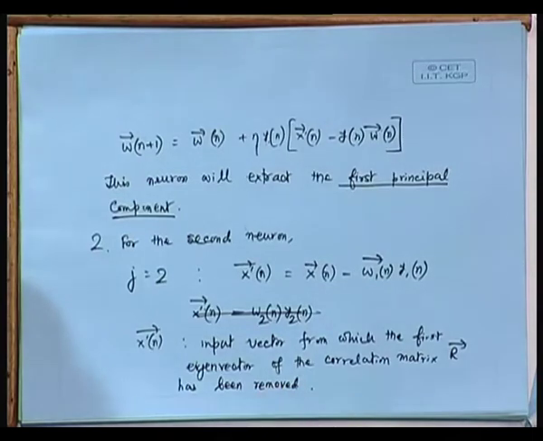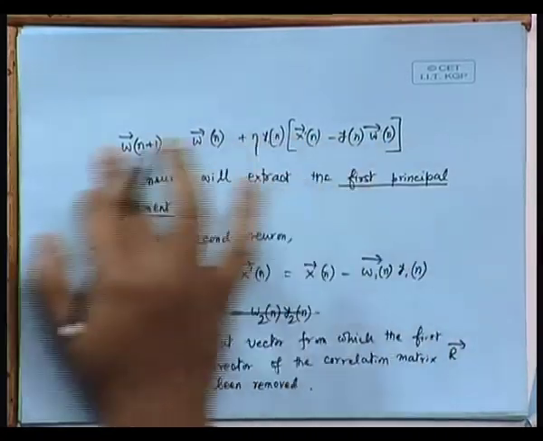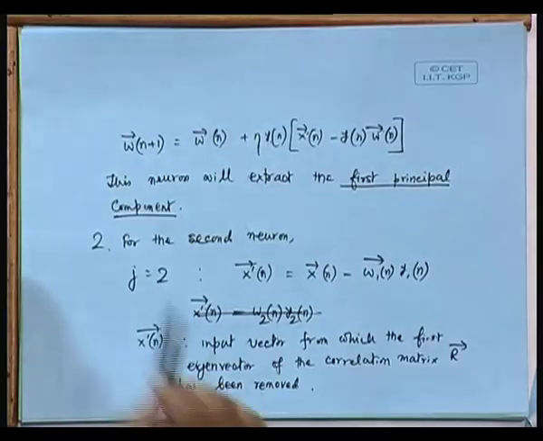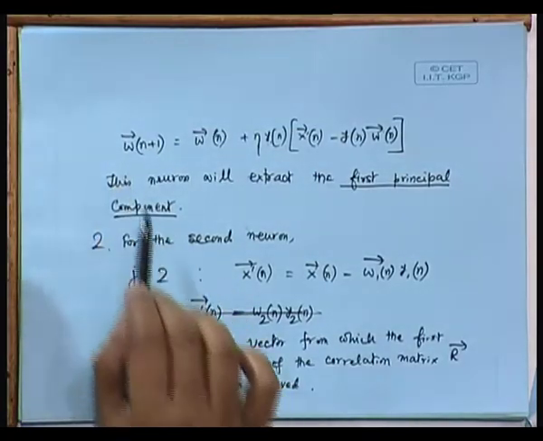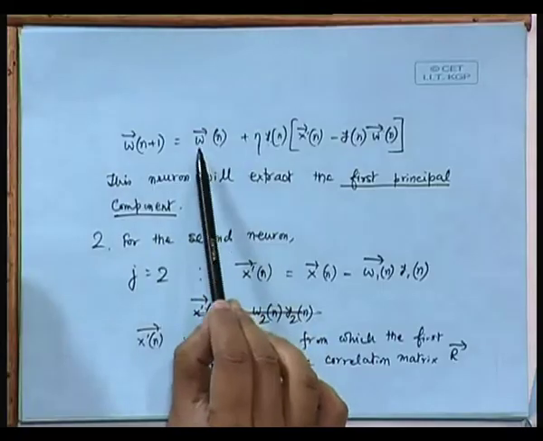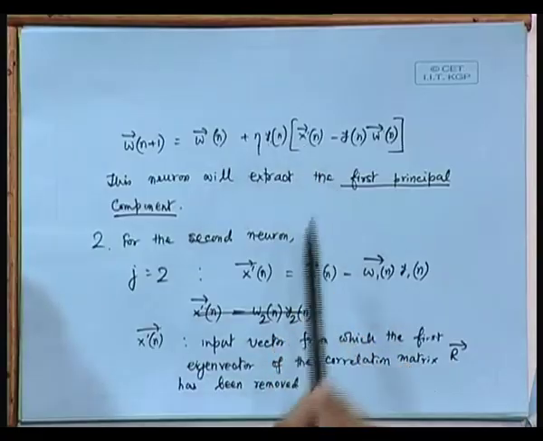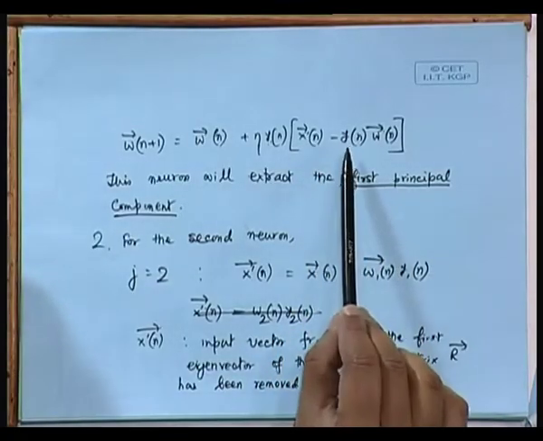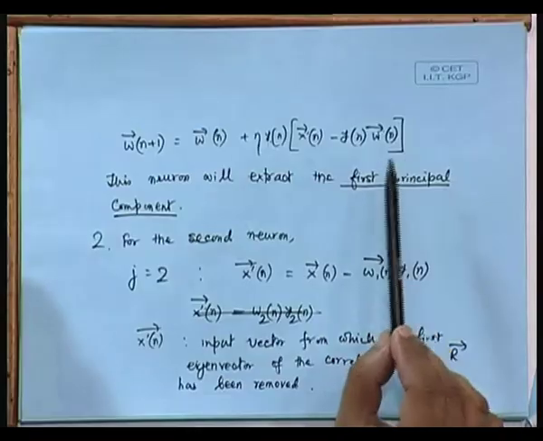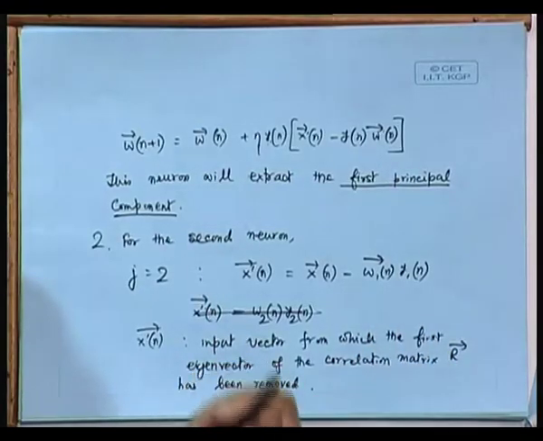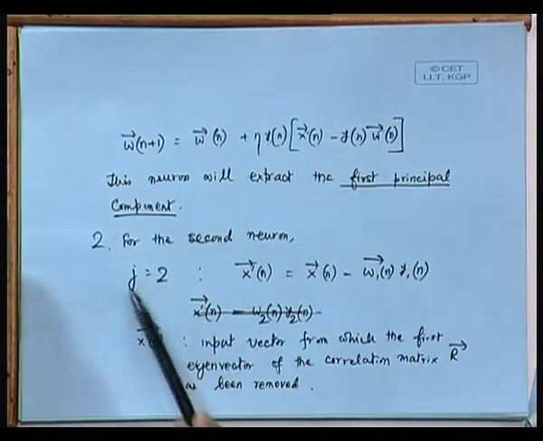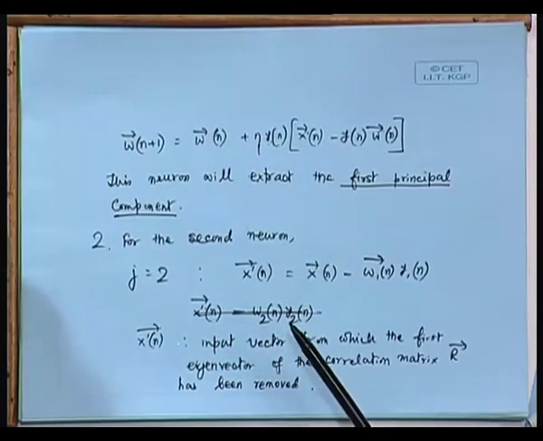All right. So, now this modified input vector will be applied on this algorithm again. What we will go through now is simply w2n plus 1 equals w2n plus eta y2n times x prime n minus y2n w2n. Instead of y2 and w2 you can write y and w, because we are interested now in extracting j is equal to 2.